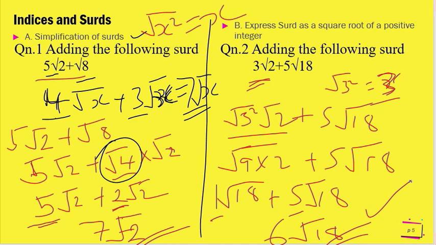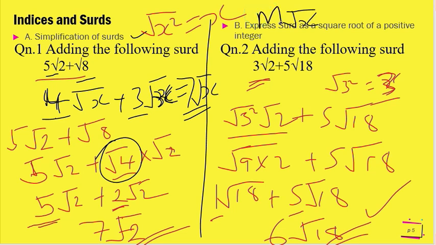Now look here, we have addition of surds. Whenever you are adding surds, remember that there is a condition that tells us you must add those factors that are the same.